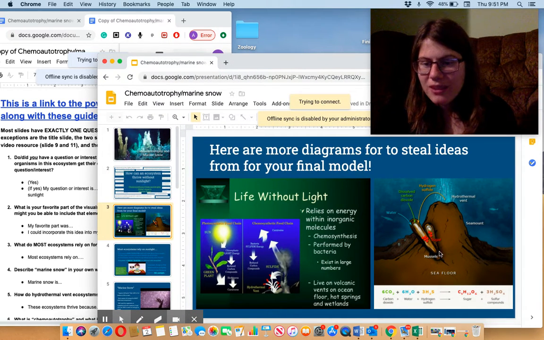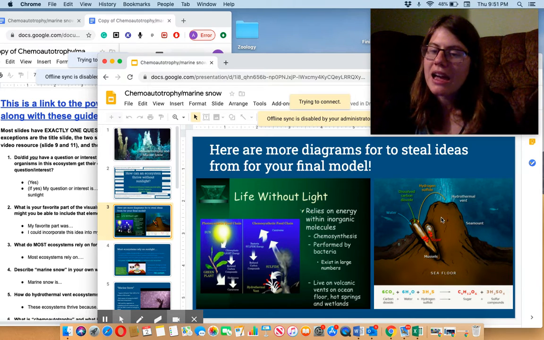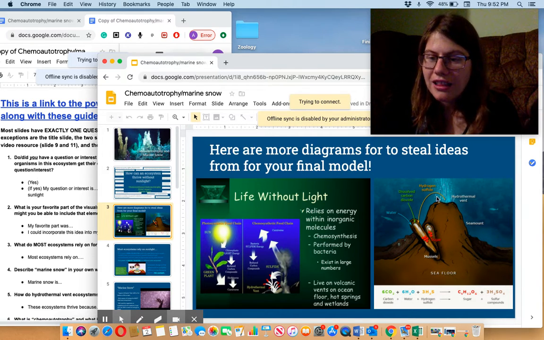So this one shows the mussels and the things with the chemosynthetic bacteria hanging out on the vent, and I like that. I like that it's showing the arrows showing where the resources are going.